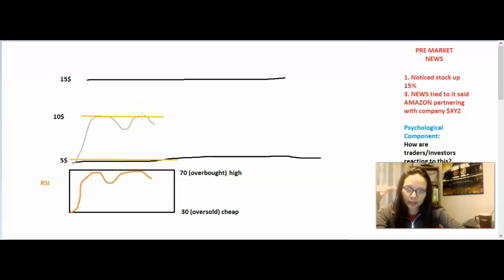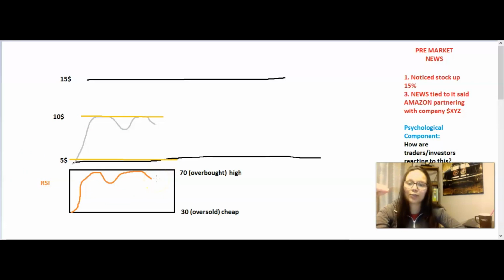So by using the two indicators, support and resistance and RSI, I can see that my stock is right here right now. I know it's close to resistance. I look at my RSI, it's close to the 70 territory, so it's overbought.